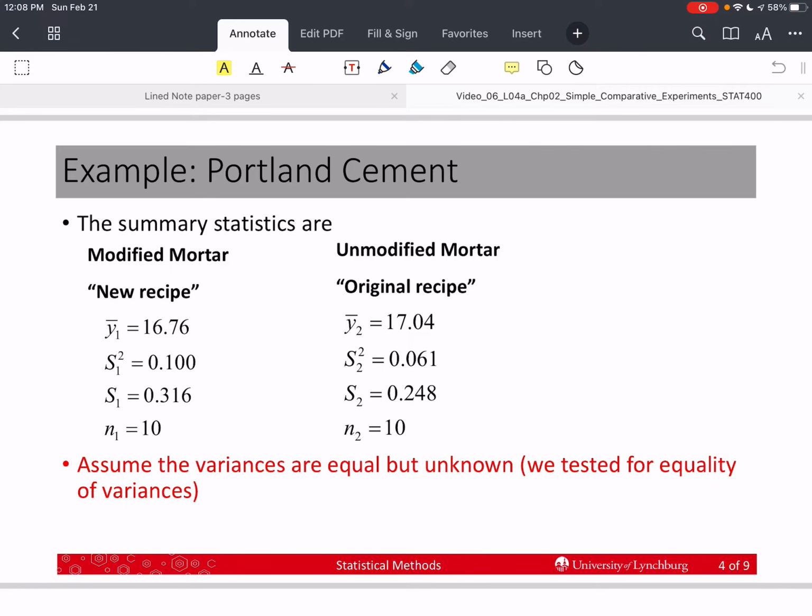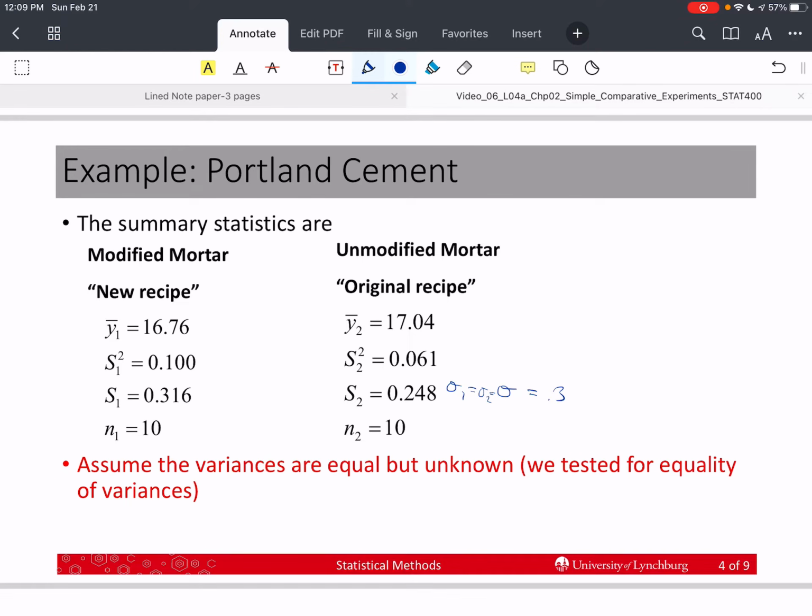Last time we assumed that we actually knew the variances and that they were 0.3. So sigma 1 equals sigma 2 equals 0.3, or I don't remember if it was sigma 1 squared, but we knew one of those, and we said that they were equal, and we knew what they were.